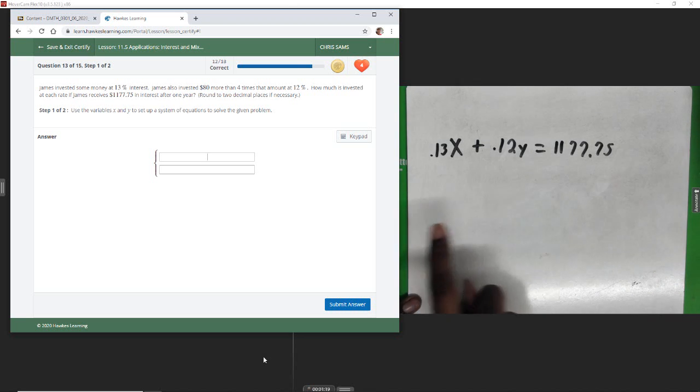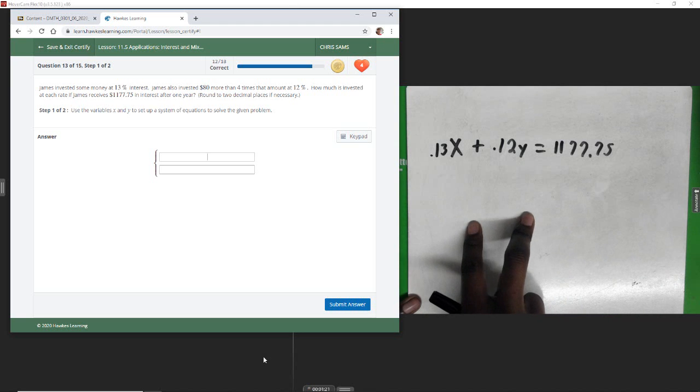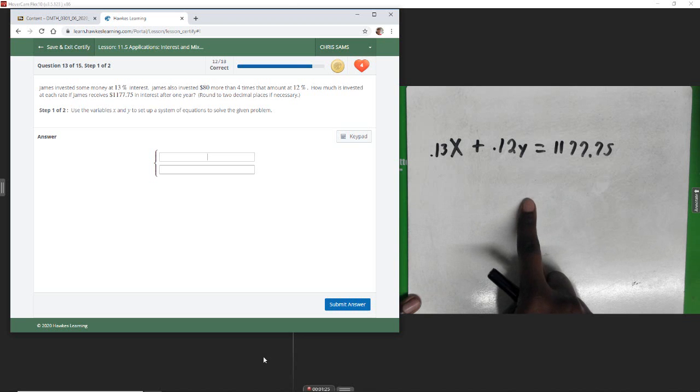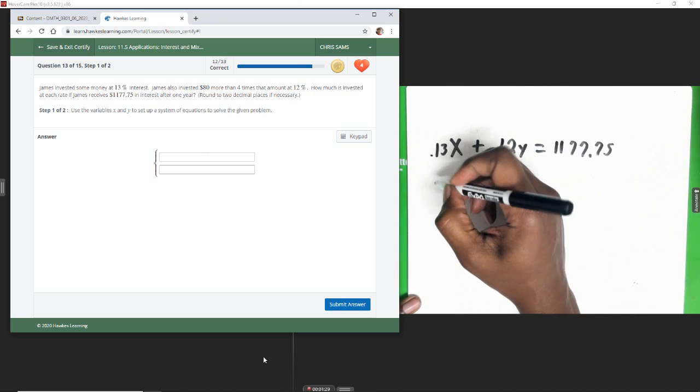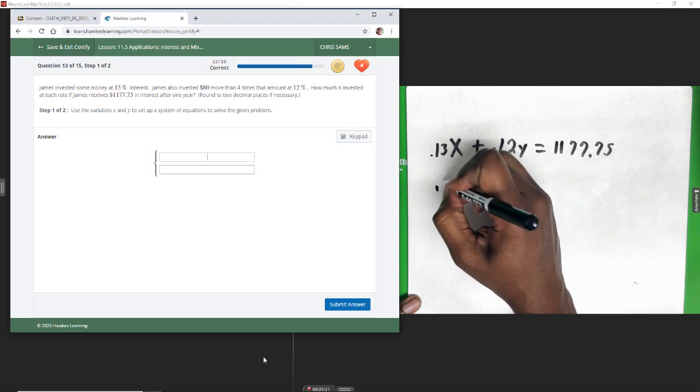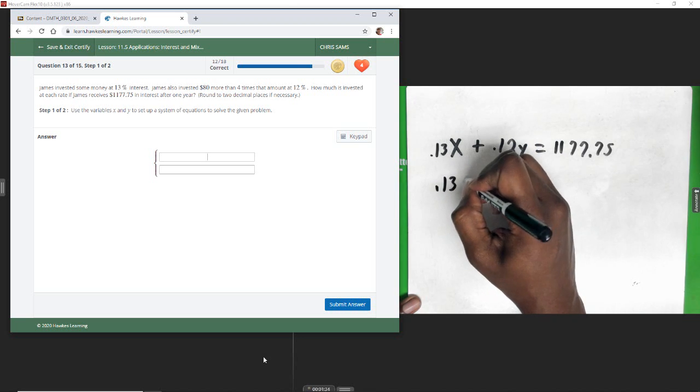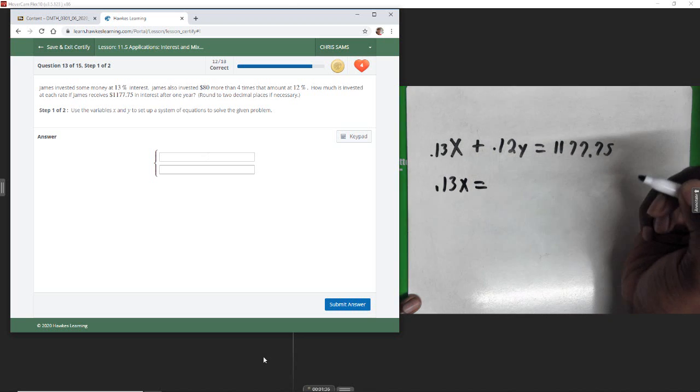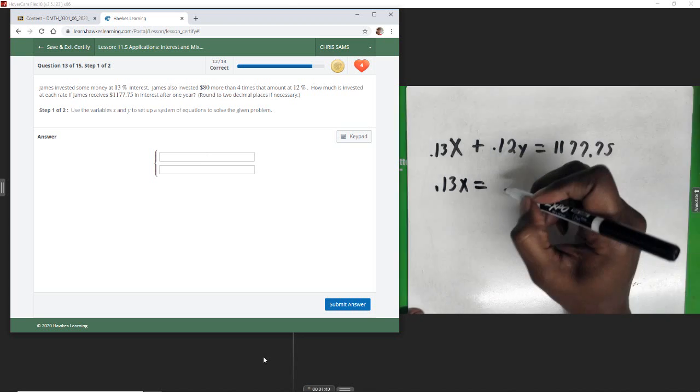Okay, so this is one, it gives us the total interest. And then we have another equation relating the two. So he also invested 80 more than 4 times this amount at 12%. So the 13% is the bigger amount. That's going to be equal to 4 times that amount at 12.